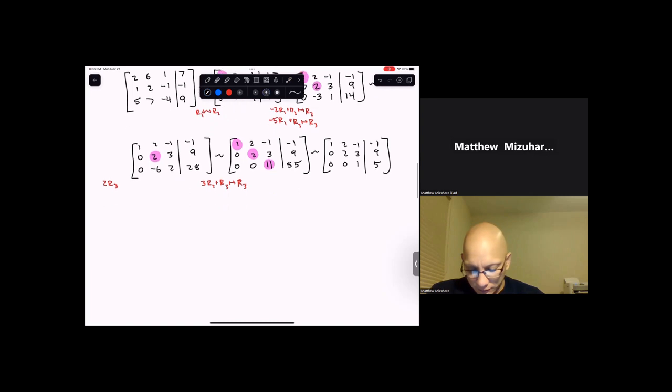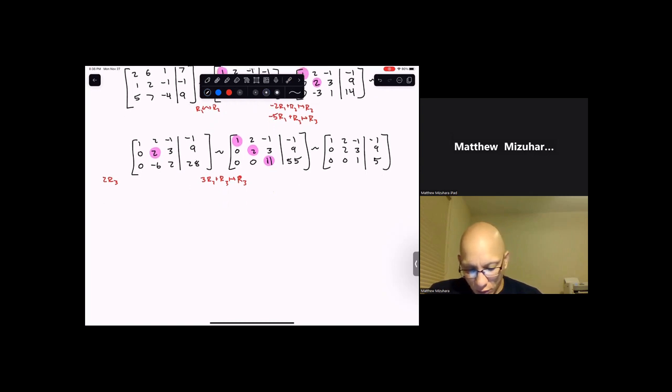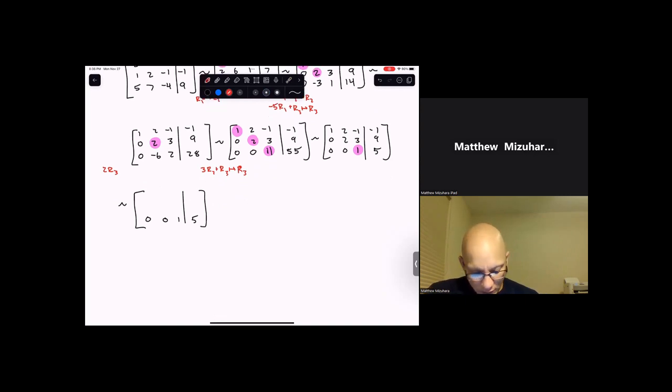Okay. So like I said, we're going to start with that 1 in the last row and get zeros above it in order to continue our row reduction steps. And so let's go ahead and see what we get. So 0, 0, 1. There's my 5. And so I'm going to start by doing -3 row 3s plus row 2, replace row 2.